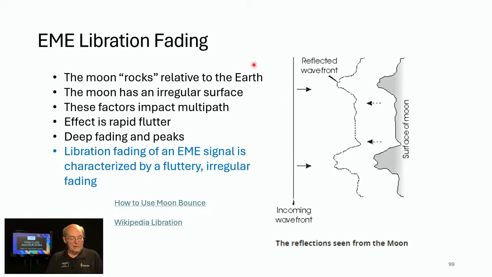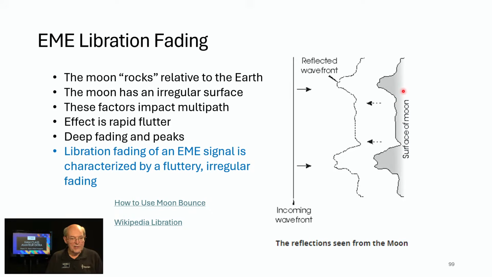There's something called libration fading, and there is a poll question about that. Now the Earth is kind of rough. So we've got a wave front coming in from our signal on the Earth toward the moon, but because the Earth is a fairly rough surface, there's a relatively large area that it can reflect off. But at the same time, the moon is kind of rocking back and forth.